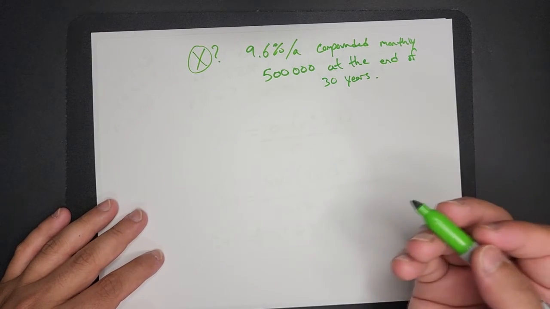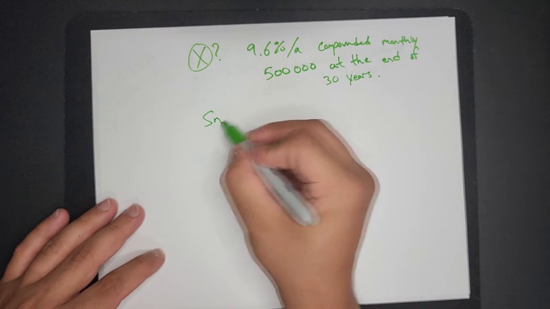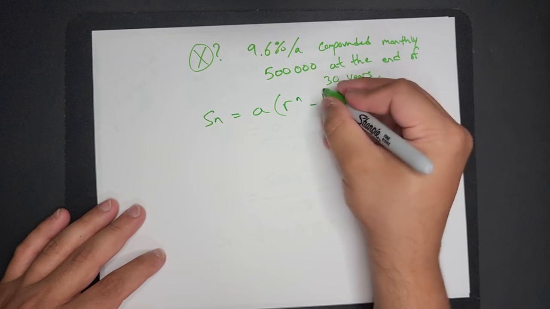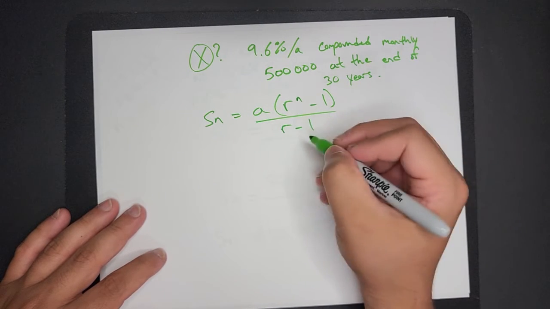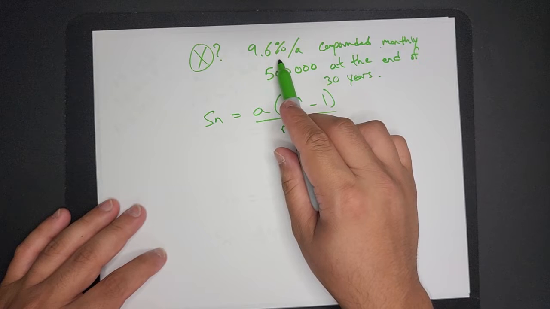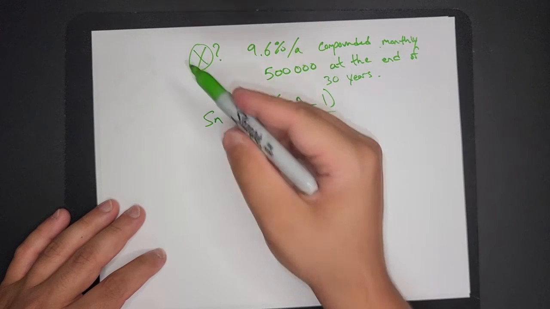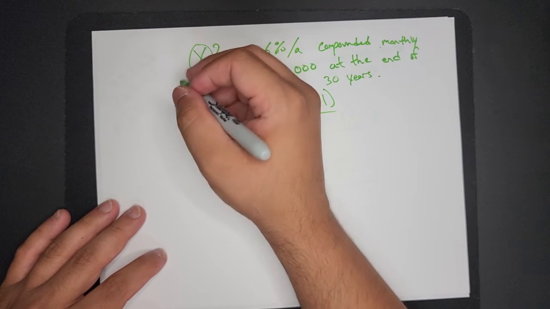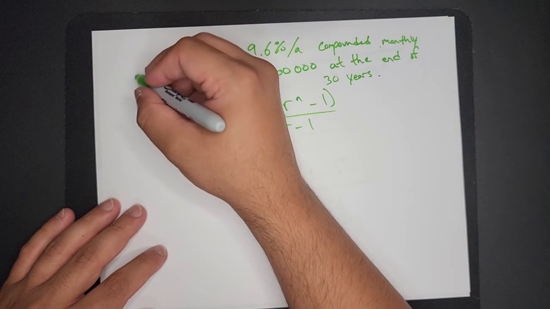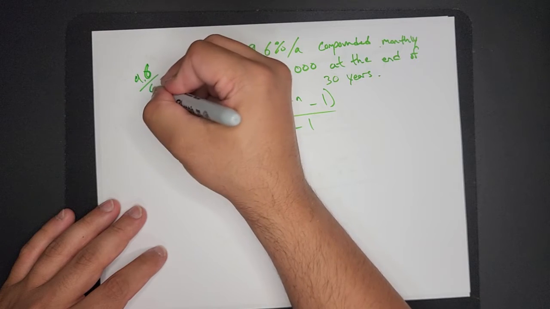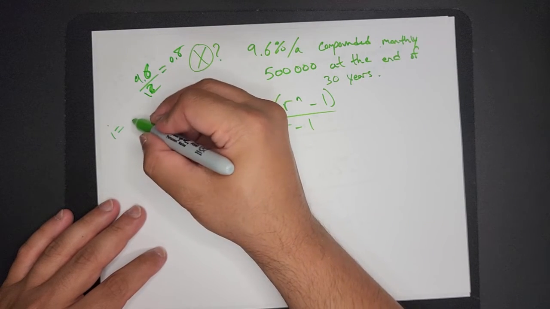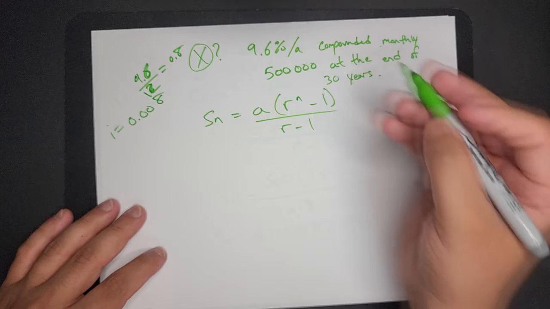So I could write out my geometric series. First, I gotta figure out this 9.6% per year monthly. 9.6 over 12 will give me 0.8, so my interest should be 0.008.